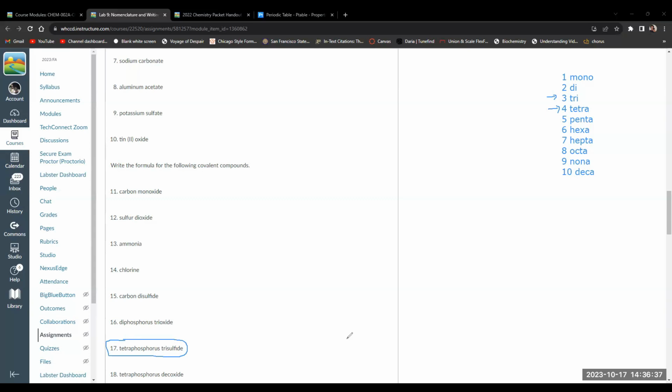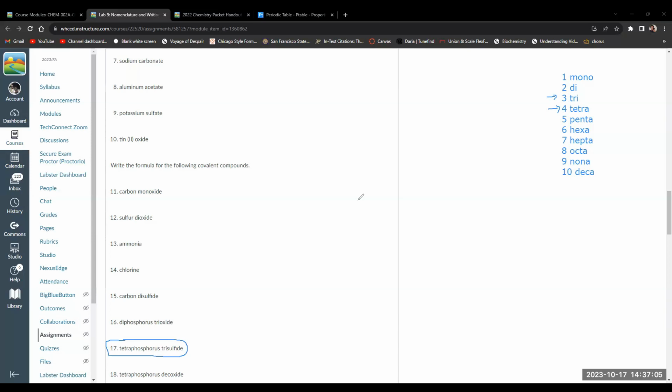And again, we're working with a covalent bond here. So 2 nonmetals. These are primarily just gases. So tetraphosphorus. What element is phosphorus? What's the atomic symbol for phosphorus?